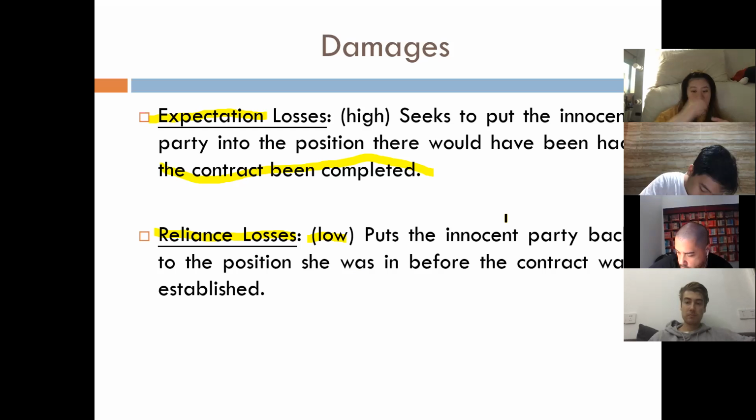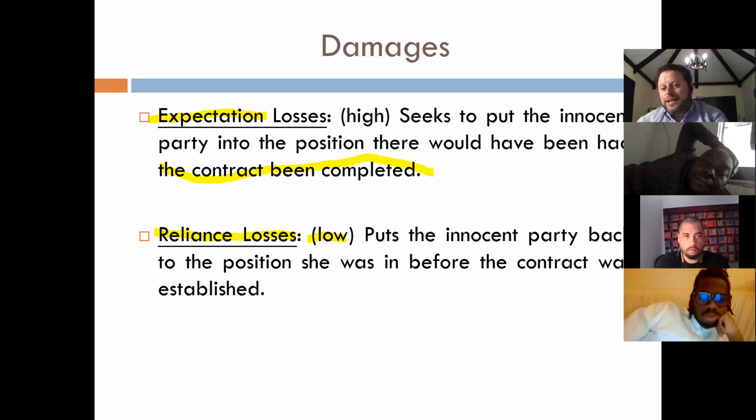Well, sorry, you should have asked somebody. You signed it. Jordan had the opportunity to read the contract. He had the opportunity to ask a lawyer if he had any questions. He didn't. So now I get the expectation losses, and there's nothing Jordan can say. He can't say, oh, but I didn't know. Well, you should have known. It's your contract.